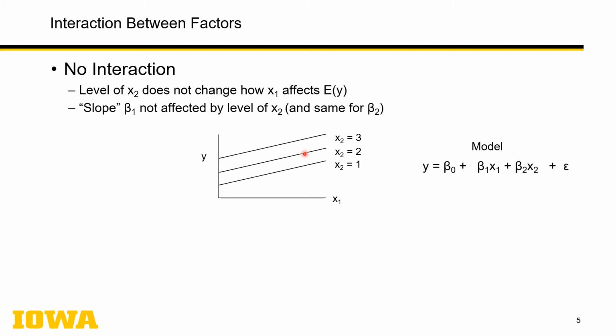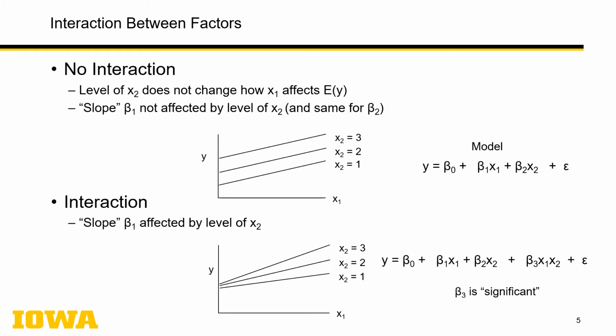The slope, as we can see here by this parallel line, is exactly the same. Beta 1 is beta 1 is beta 1 for how x1 manipulates y, regardless of the level of x2. This is no interaction.